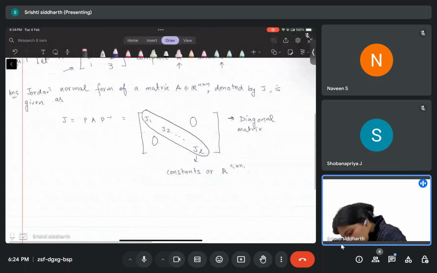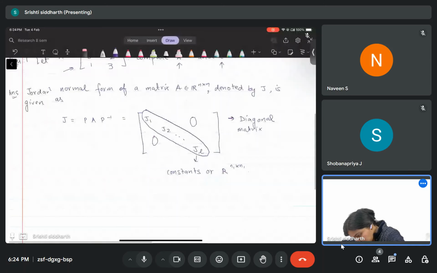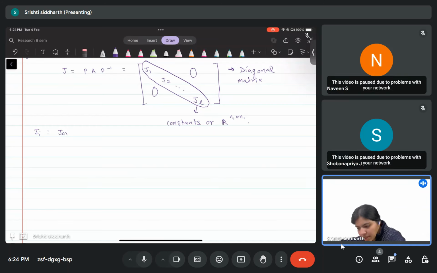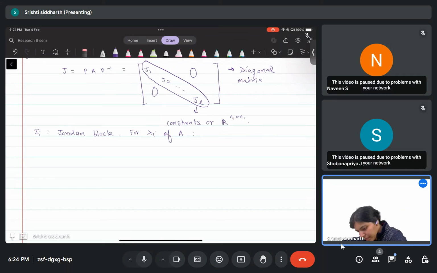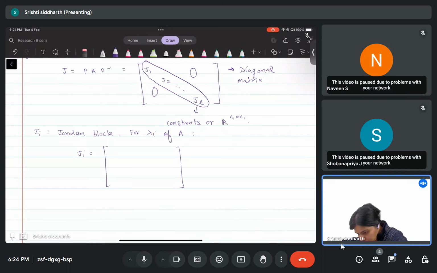Alright, so each of these Ji's are blocks. So I would say Ji is a Jordan block. It corresponds to an eigenvalue. So for example, for some eigenvalue lambda i of a matrix A, the Jordan block is like this. This is going to be of smaller dimension than n, let's say n1 by n1.